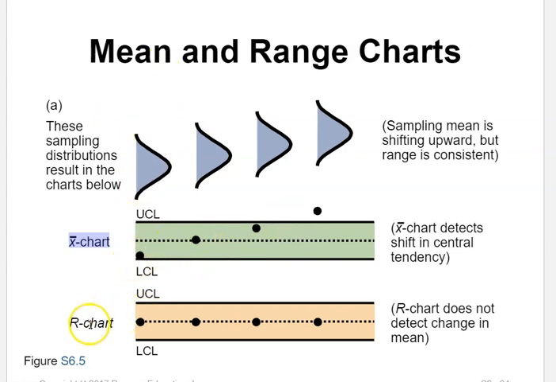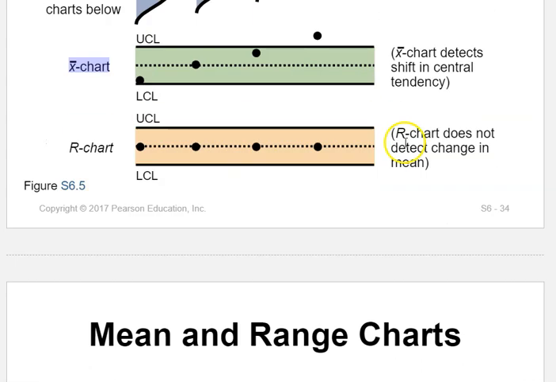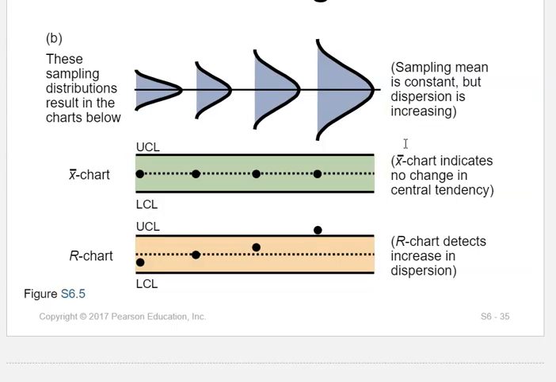If you just check the R chart, it may show the system is in control, but the Xbar chart is showing that the system is actually out of control. It's going beyond its upper bound, right? Let's see, we should have another case here. Here you can see that the average is not changing, it's the same average, but the range is changing.